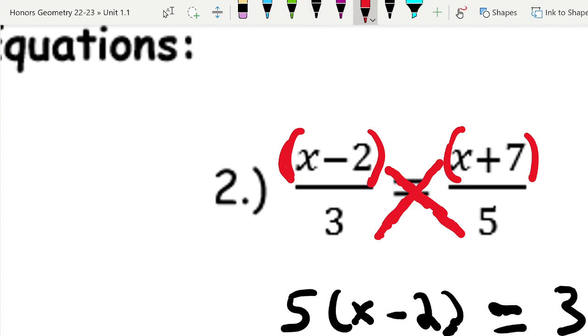Then we'll distribute and solve. So we have 5x minus 10 equals 3x plus 21.